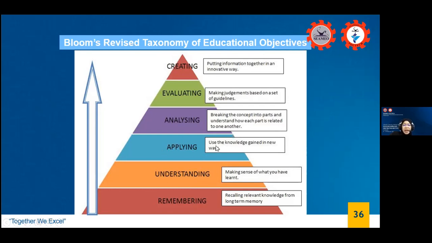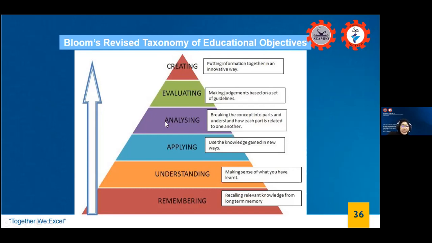Applying: your students should be able to use, to put into practice the knowledge that they have gained. And then analyzing: they should be able to break the concept that they have learned into smaller parts, and understand how each part functions and how each part's function is related to the overall function of the whole unit.